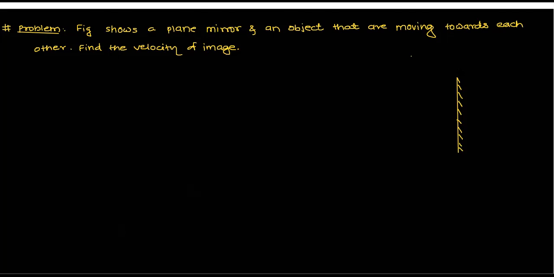And this one is going like this. The mirror is moving, and they have given this direction also. That is the angle here. With what angle is this moving? This angle they have given as 30, and this mirror is moving with velocity 5 meter per second. So the mirror is moving like this, not straight. Now here you are having the object. They have given the object also here.